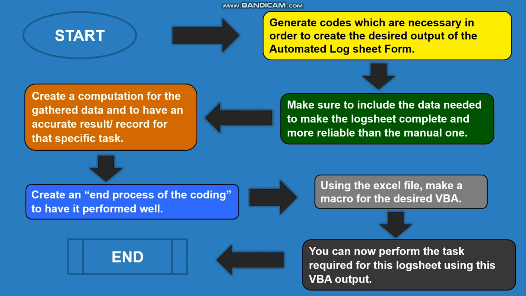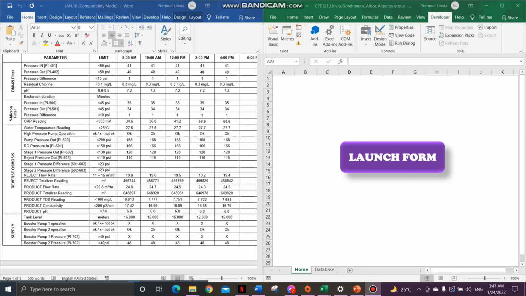Fifth, using the Excel file, make a macro for the desired VBA. Sixth, you can now perform the task required for this logsheet using this VBA output. This is the example of the logsheet that I will file on the automated data entry form.